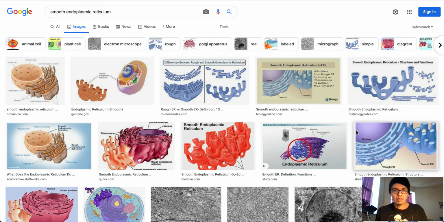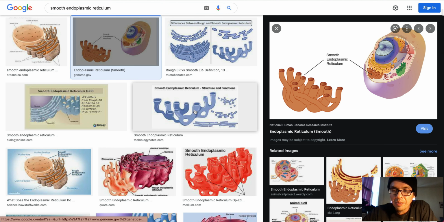So we will start picking up with the rough endoplasmic reticulum and smooth endoplasmic reticulum. Firstly, we know what the rough endoplasmic reticulum looks like. This is probably a good example, right?